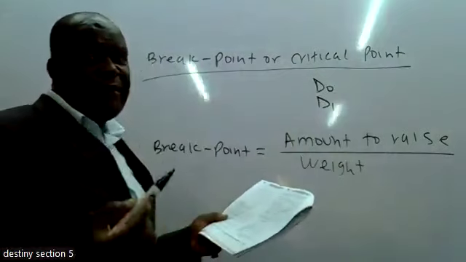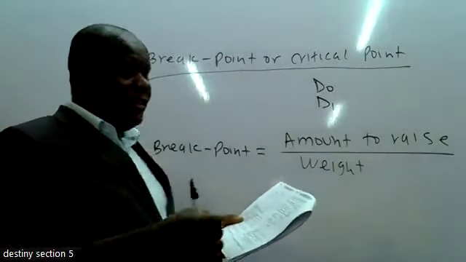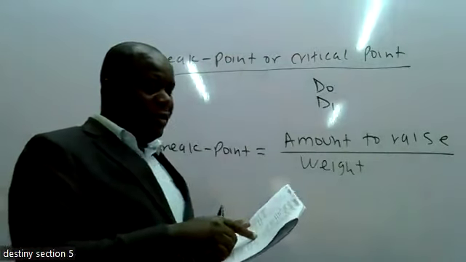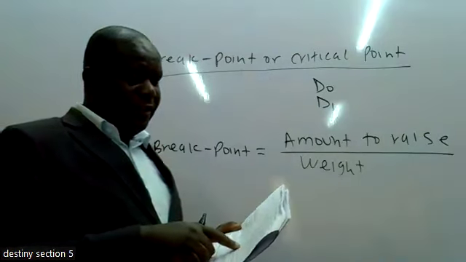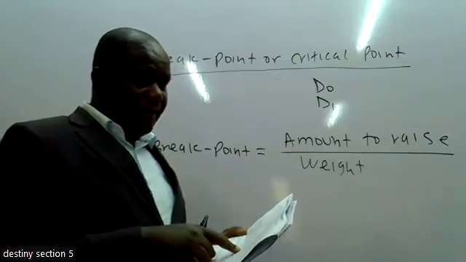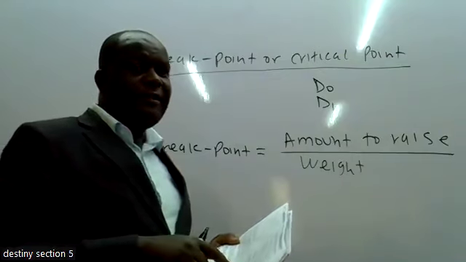You name them. The first one is D0. The second one will be D1. 2018 will be D2. 2019 will be D3. 2020 will be D4.